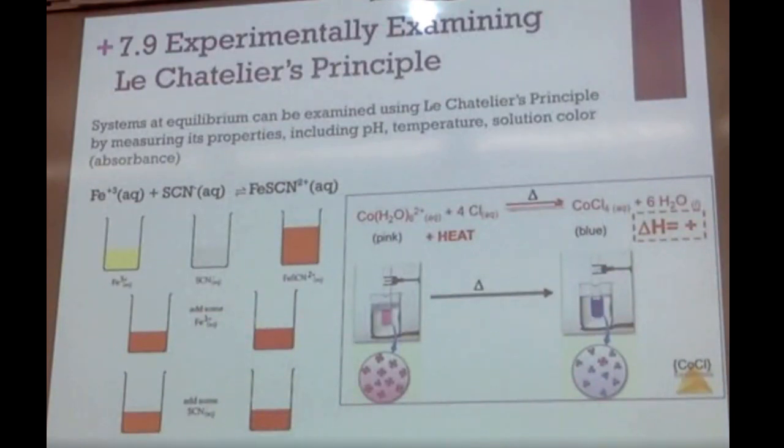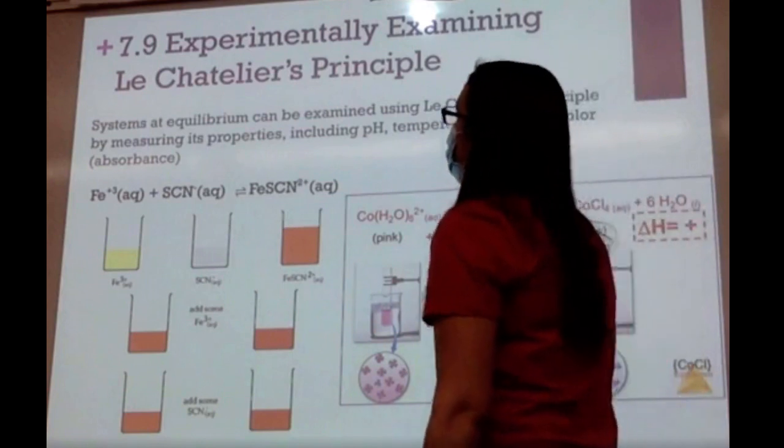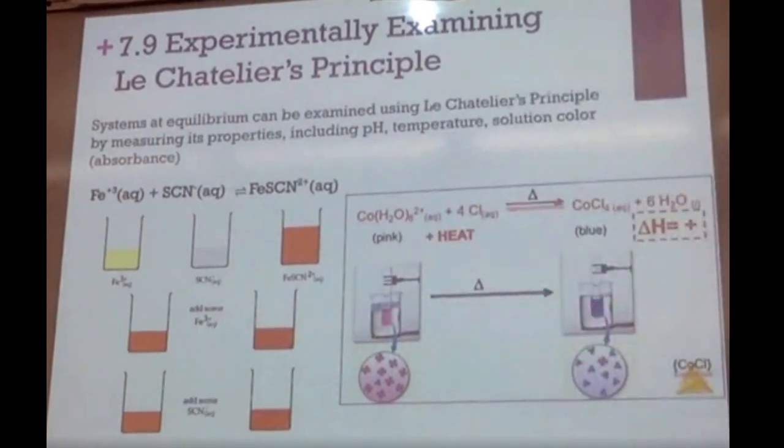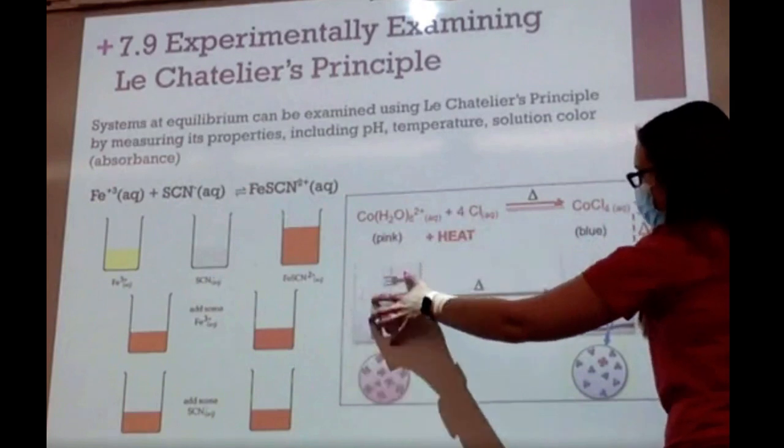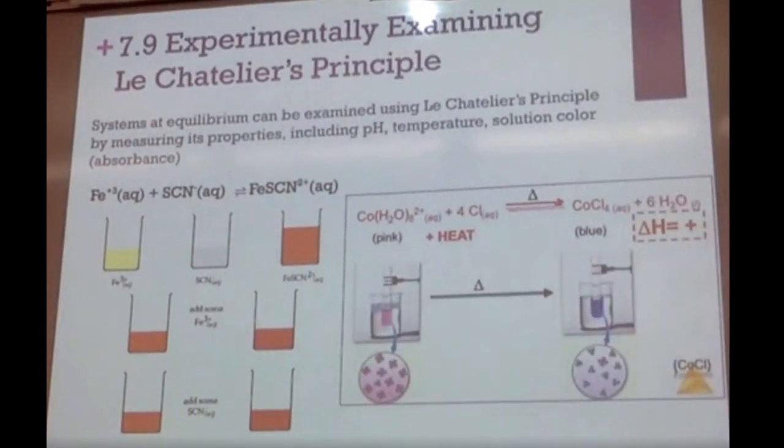This is just looking at Le Chatelier's principle experimentally. Keep in mind that we can use Le Chatelier's principle if they give us information like color. We've seen this in multiple choice questions before, where the reactants are pink and the products are blue, and it says, if we notice that something is pink, what was done to the system?